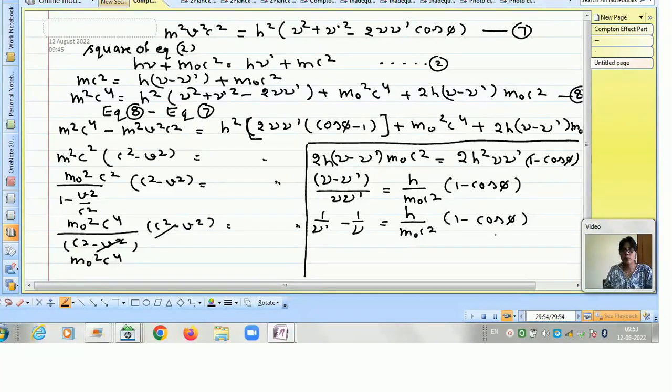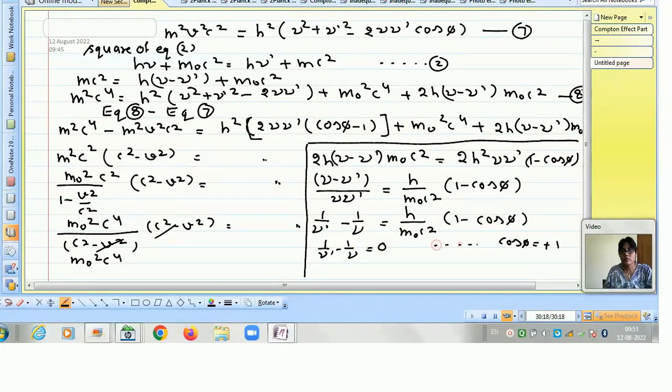So let us put the values. Let us first put cos phi as plus 1. If cos phi is plus 1, then 1 by nu dash minus 1 by nu is equal to 0.